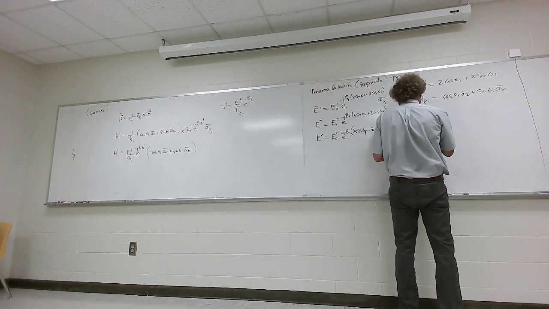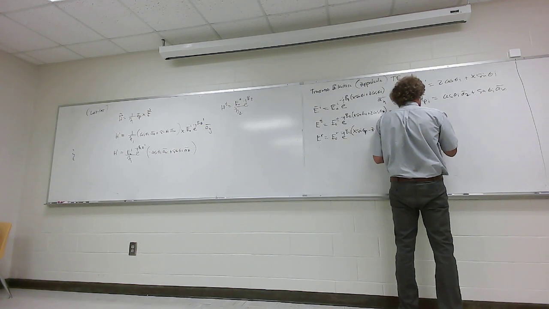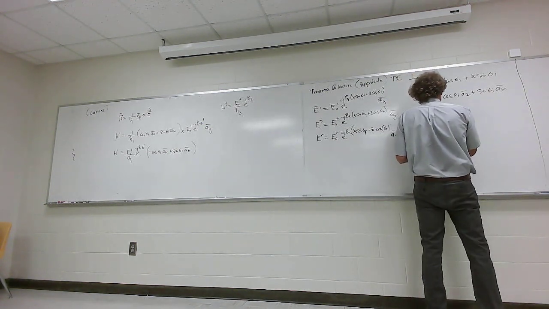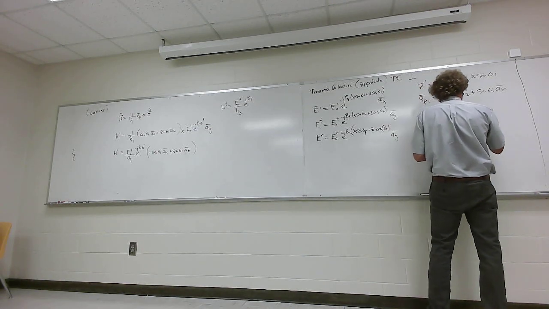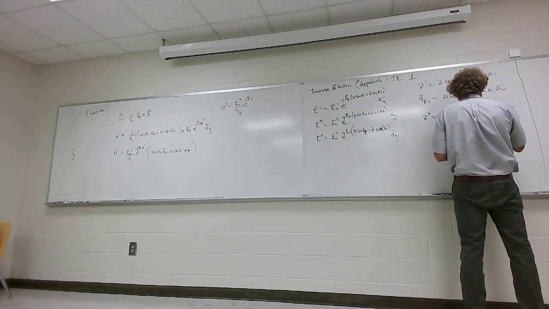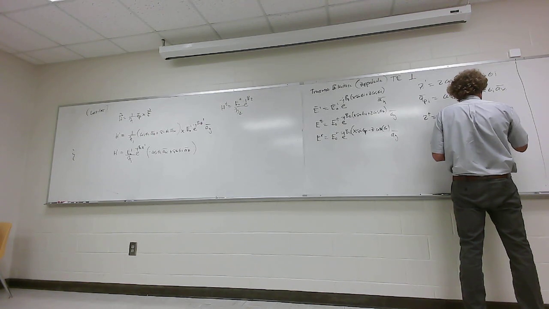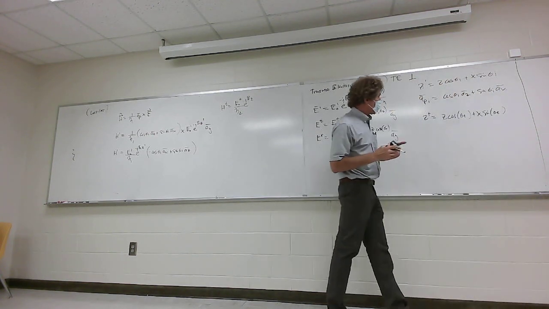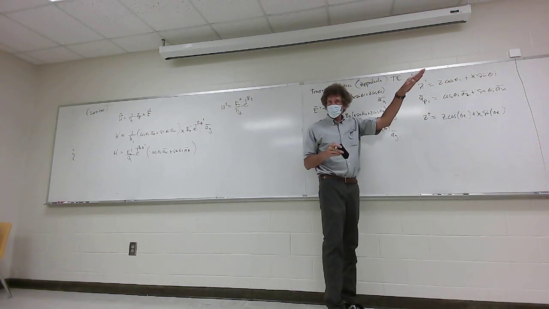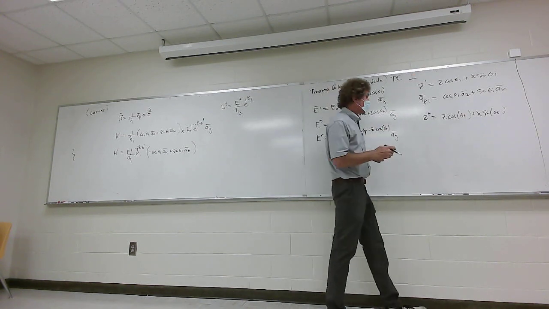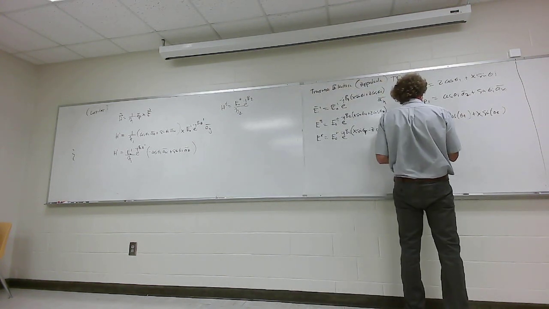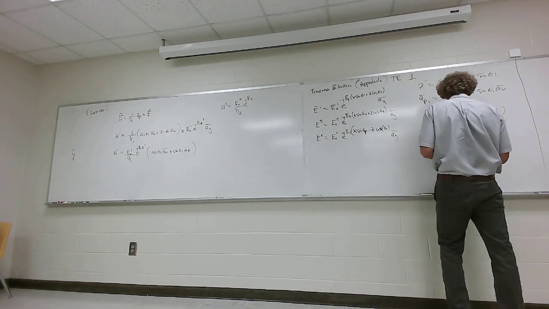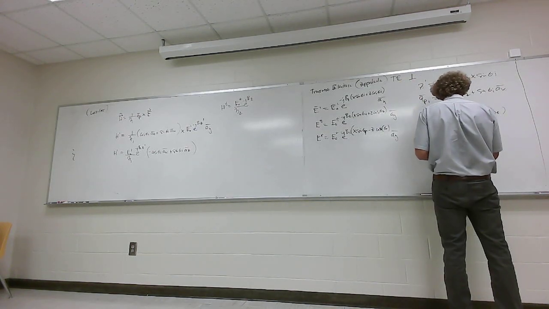I'm going to use Z transmitted here to be equal to Z times the cosine of theta transmitted plus X times the sine of theta transmitted. That will be my new linear direction of propagation. And then there'll also be an A propagation of the transmitted wave. This is a unit vector in the direction of propagation for the transmitted wave.